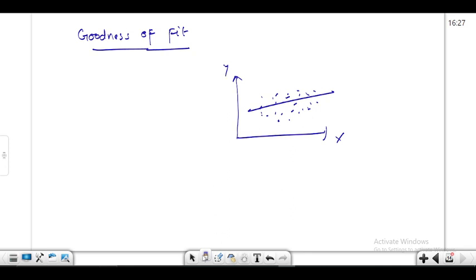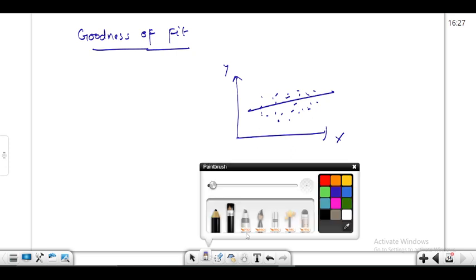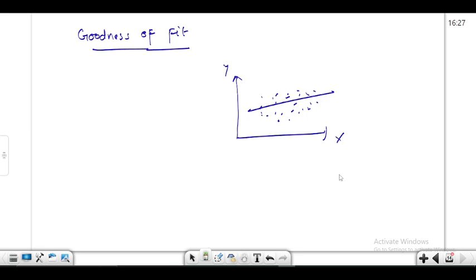So let me change the color of this pen. We use the term r square, or the coefficient of determination, to calculate the goodness of fit.